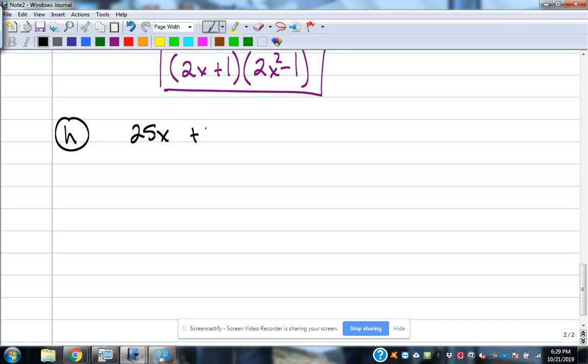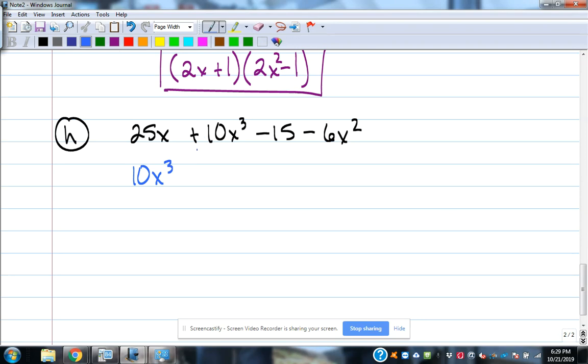25x plus 10x cubed minus 15 minus 6x squared. Oh gosh. What's wrong with this one? Not in the right order. So what should go first? 10x cubed.